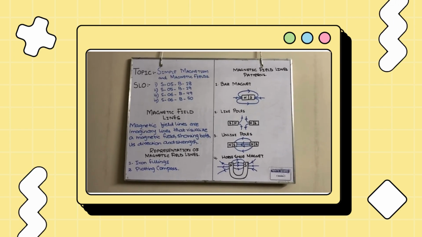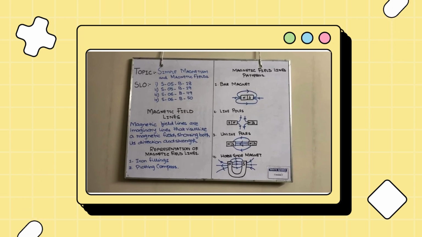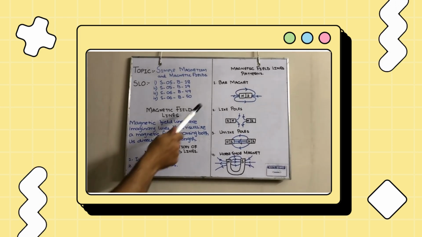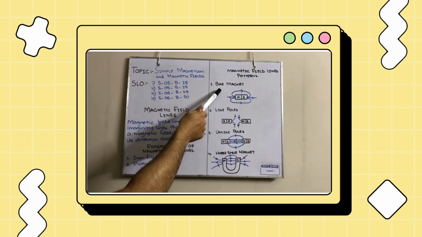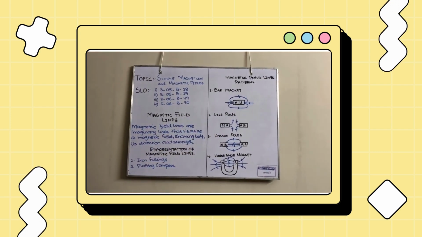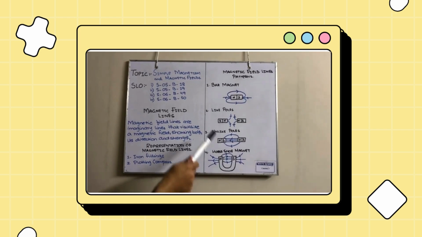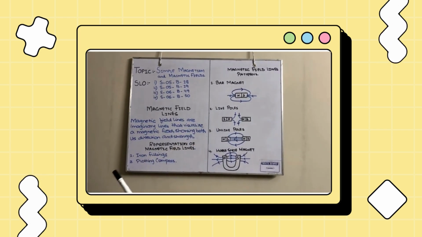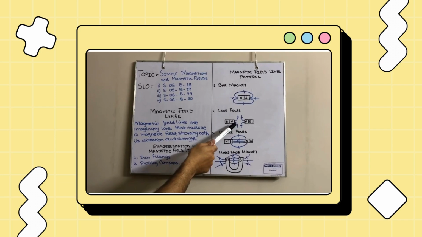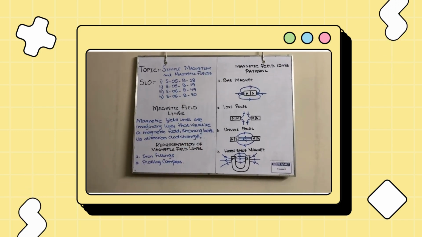When we sprinkle iron filings on the magnet, some common patterns will emerge. If we look at a bar magnet, this kind of pattern will emerge when we sprinkle iron filings on it. When we put like poles together, we will observe that the iron filings align themselves in this pattern.